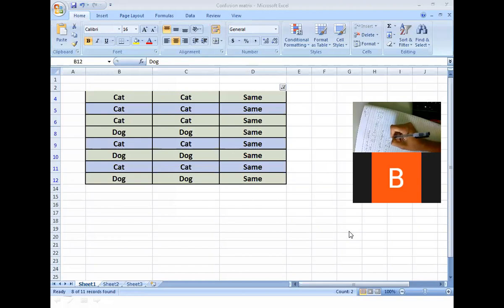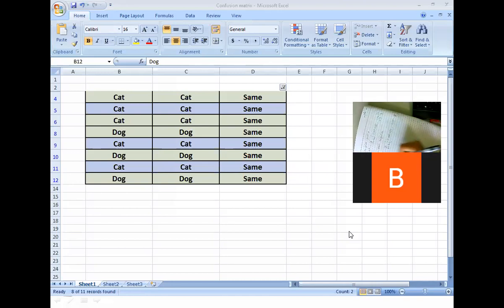Here again we have to identify the predicted class and actual class. Galti se negative. That means the predicted class will be negative, and the actual class is positive. Yes, right.